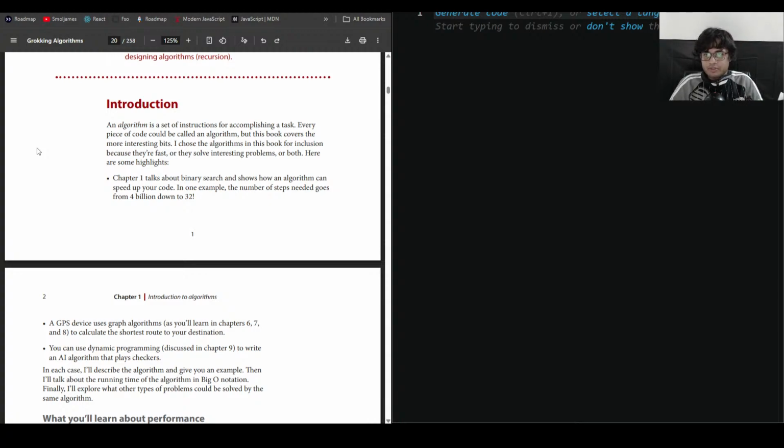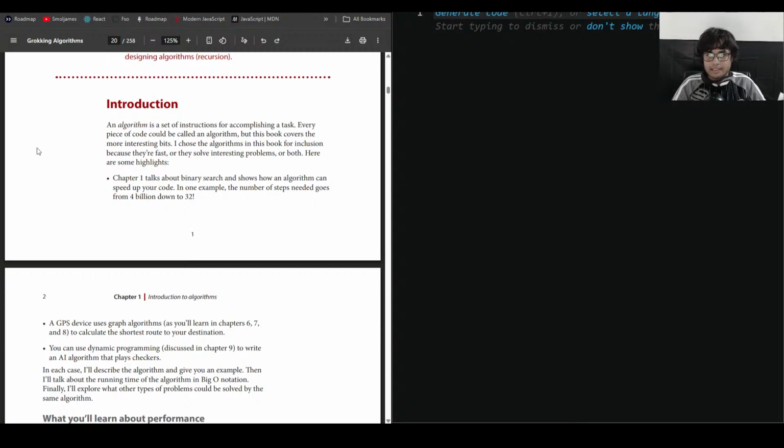Every piece of code could be called an algorithm, but this book covers the more interesting bits. I chose the algorithms in this book for inclusion because they are fast, or they solve interesting problems, or both.